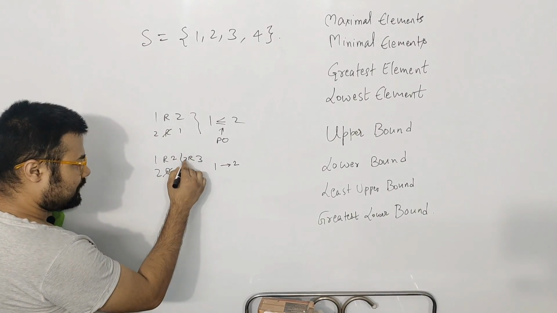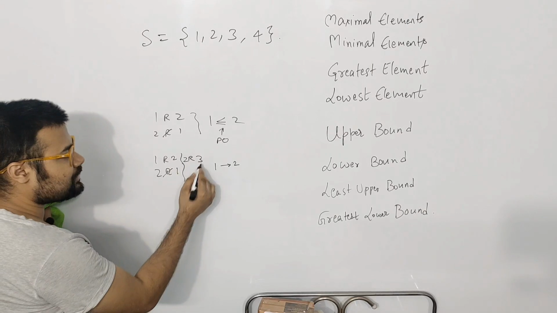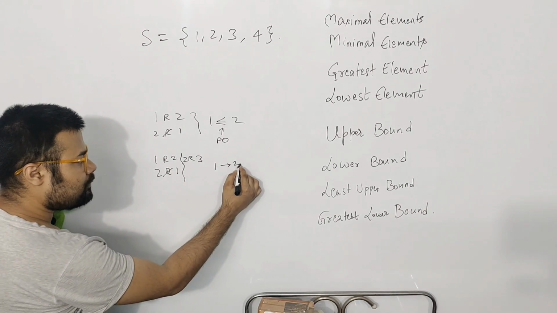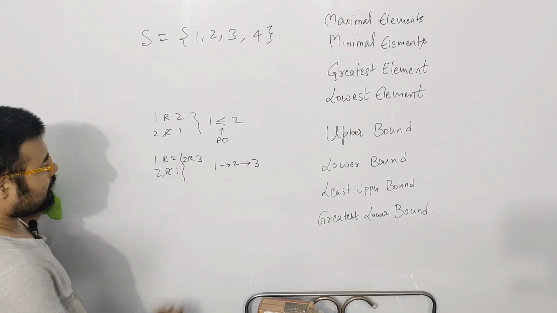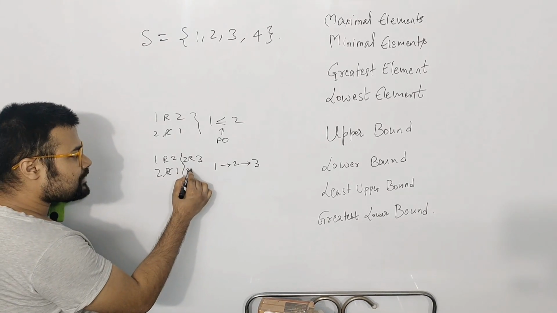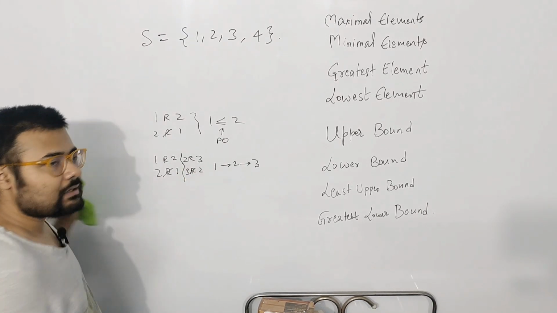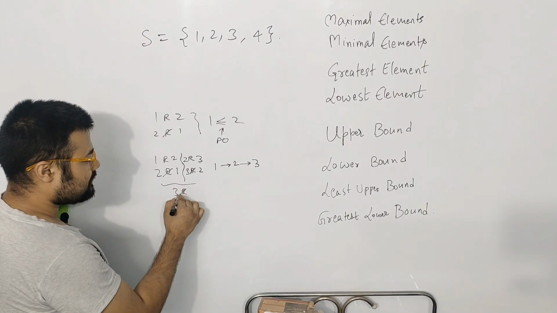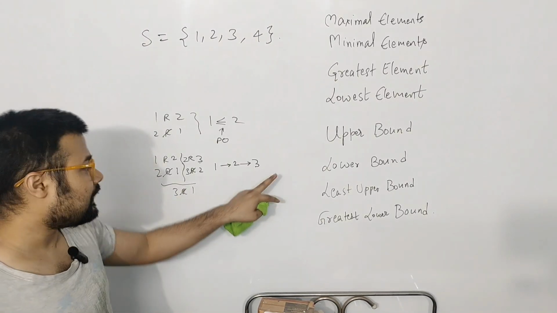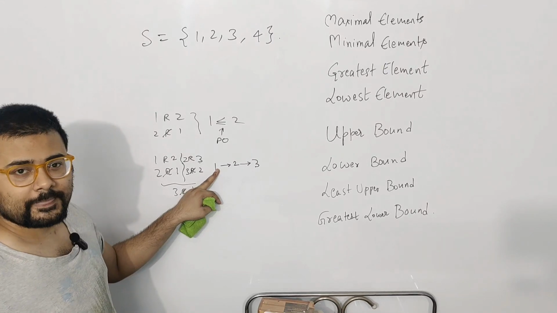if I say 2 is related to 3, now from 2 it will go this way to 3. And clearly it means that 3 is not related to 2. What it also means is that 3 cannot be related to 1 anyhow.